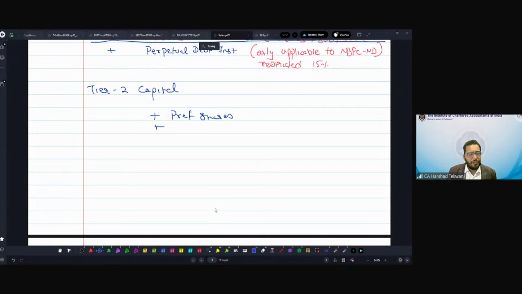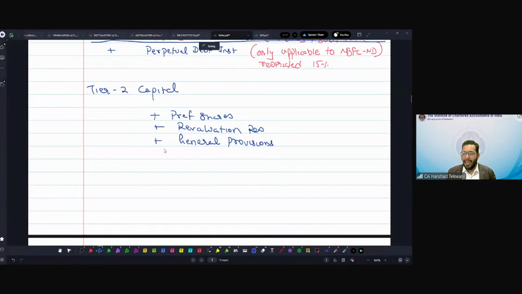You have revaluation reserves, because earlier we only took free reserves. Then we have general provisions, and loss reserves to the extent they are not attributable to a specific asset. So general provisions, you can say.